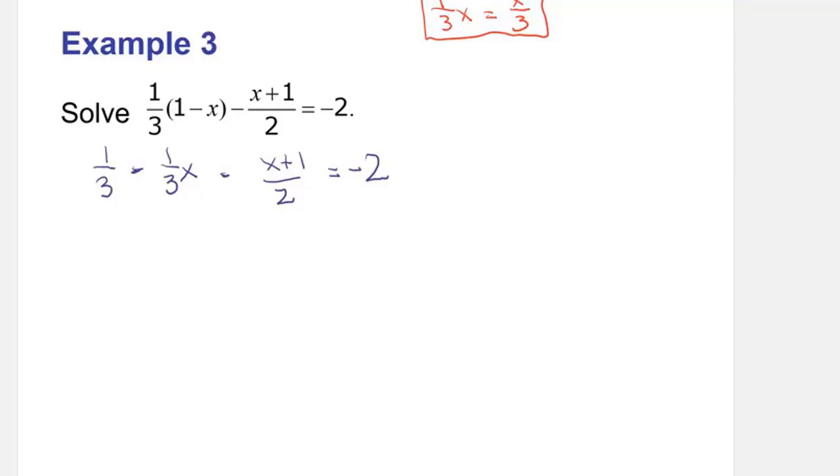Now notice really what we have here is fractions. Actually, I'm going to rewrite this as x over 3. I think this might help. It's exactly the same. Now, whenever I want to add or subtract fractions, I need a common denominator. I always want to find my LCD.